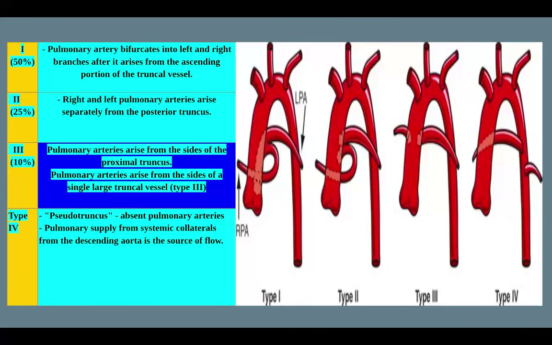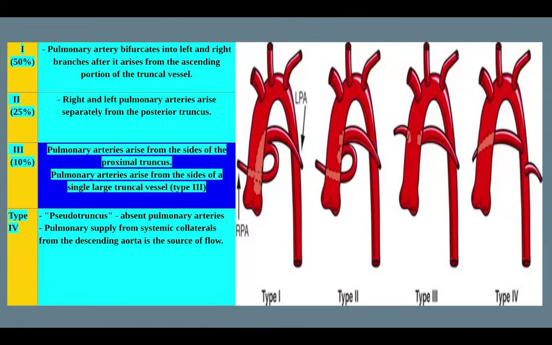Now, here are the different types. Type 1 is the most common type. It's all about where the pulmonary arteries are to know which type you're seeing. With type 1, the pulmonary artery bifurcates into the left and right, arising from the ascending portion of the trunk, so from the top portion of the truncal vessel.